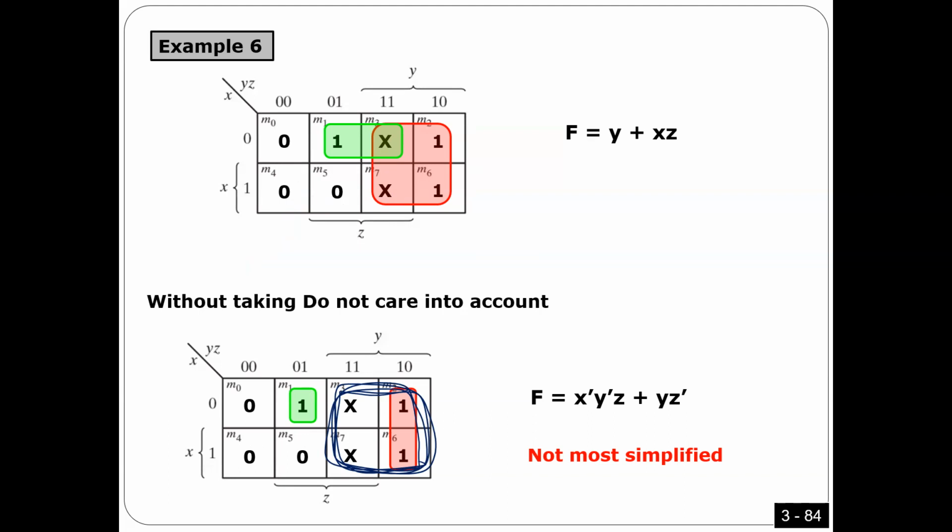So simply what I did here, I just considered it as a 1. In this case, I'm going to get a more simplified function, and this circuit is going to output 1 here and 1 here. I don't care if it outputs 1 or 0. But if you do it this way, I'm going to output 0 and 0, but it's not the most simplified.